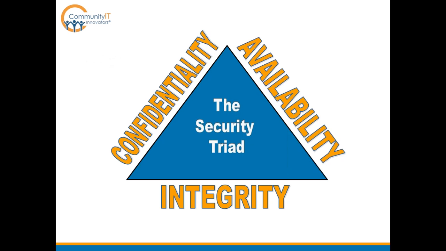So this is a picture that shows what's commonly called the CIA framework or the security triad, and I think this is really the meat of our big picture context. And I think it is worth remembering that security is not just confidentiality, which I think is what people often focus on when they think about attending a security webinar today, and I'm expecting to hear lots about how to keep my data, my IT resources confidential.